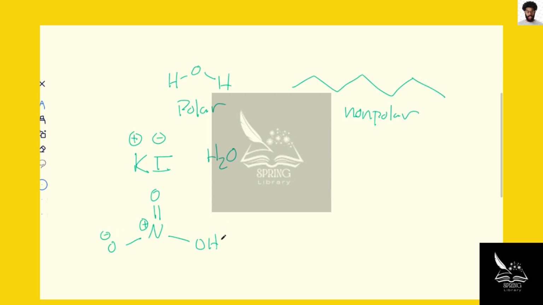This is the structure of HNO3. Now, interestingly, the thing with acids like this is that this hydrogen, if we were to put this in water, would effectively disconnect, right? And we'd get an O- and an H+.